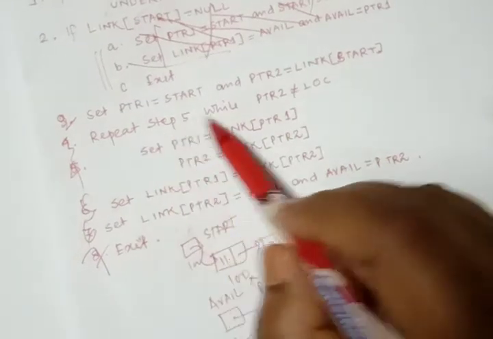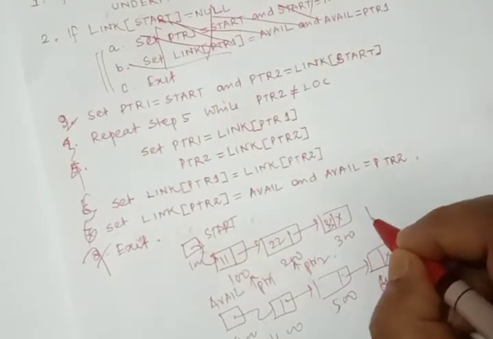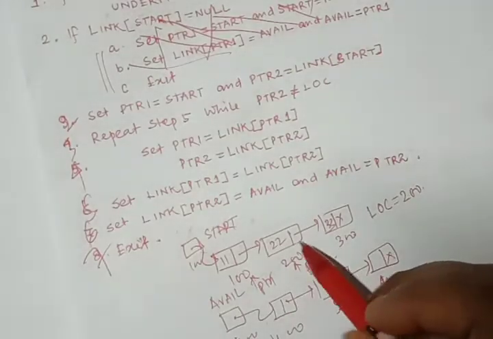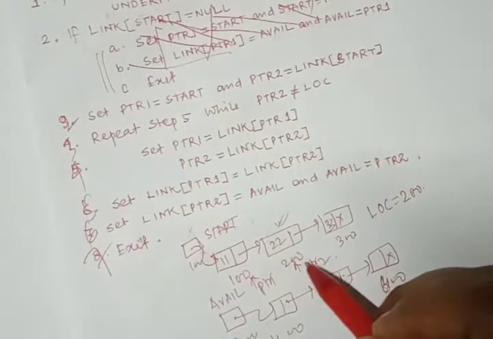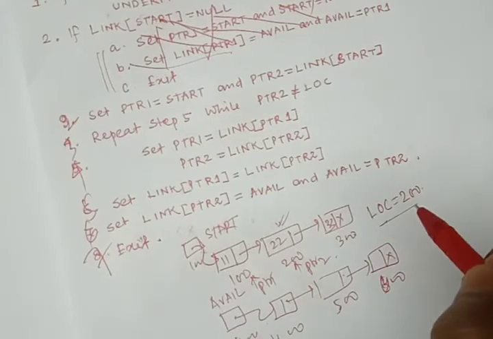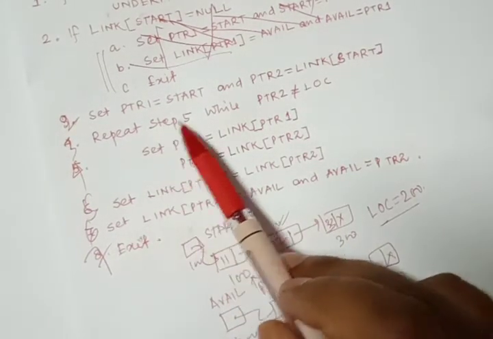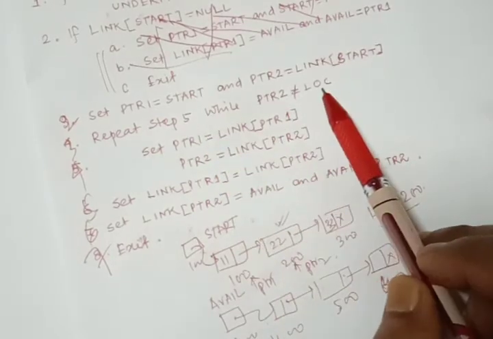The value of location, for example, is 200. We want to delete this node from the list, and the value of location is 200. So we check repeat step 5 while ptr2 not equal to null.